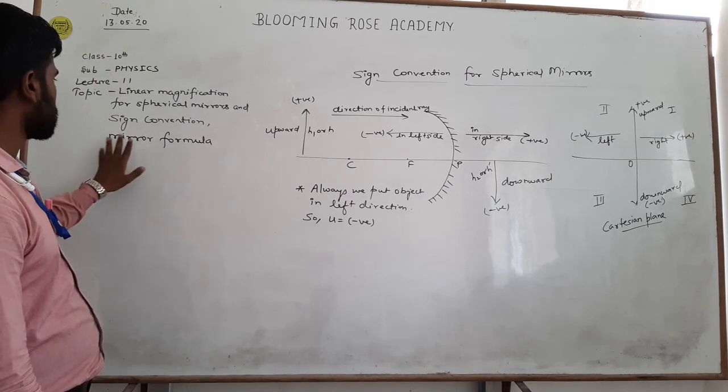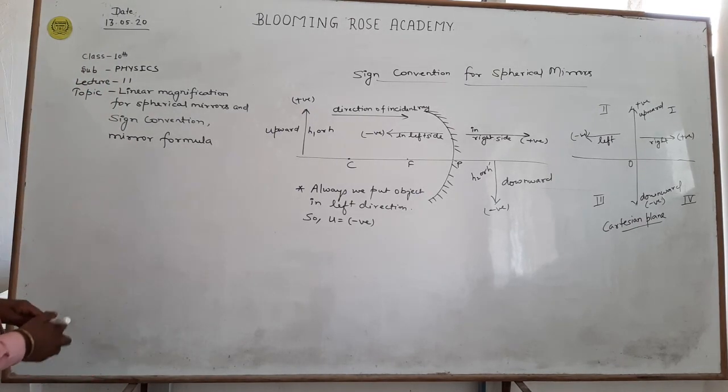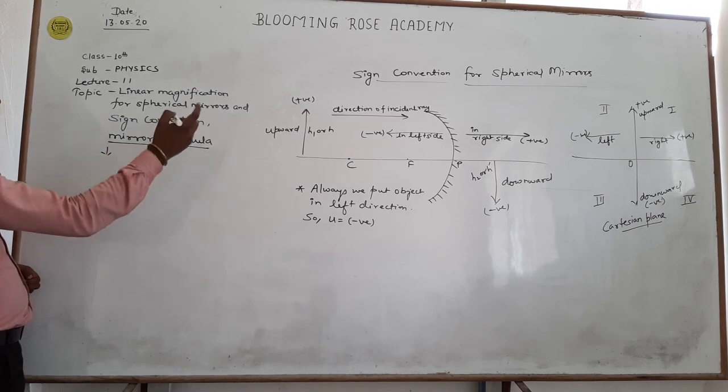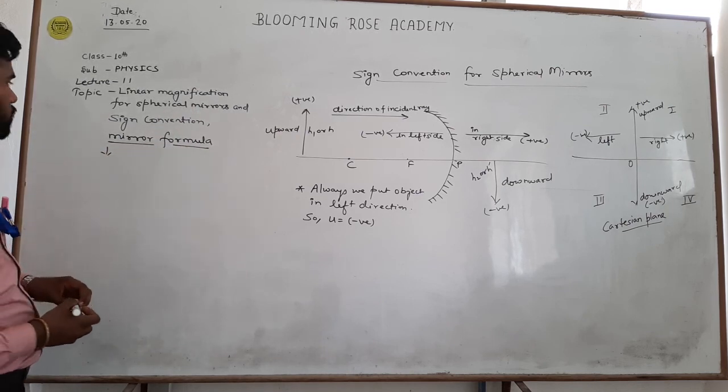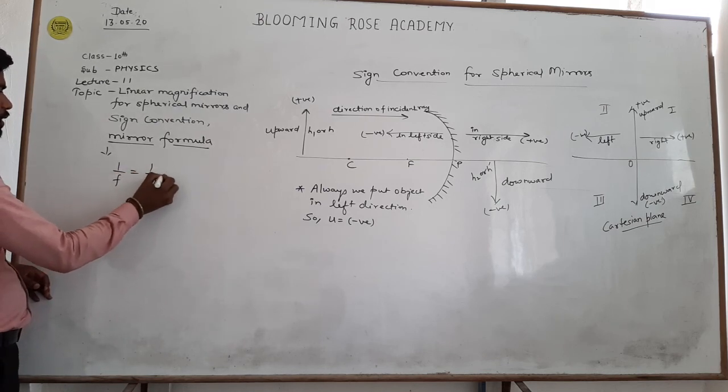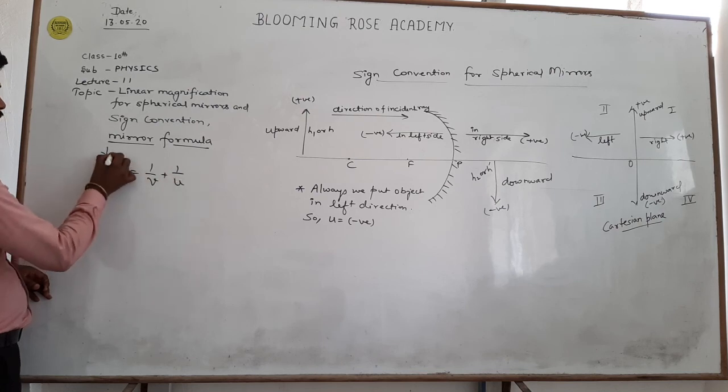Now we have to discuss the mirror formula. What is the mirror formula? The mirror formula for a spherical mirror is 1 upon f is equal to 1 upon v plus 1 upon u.